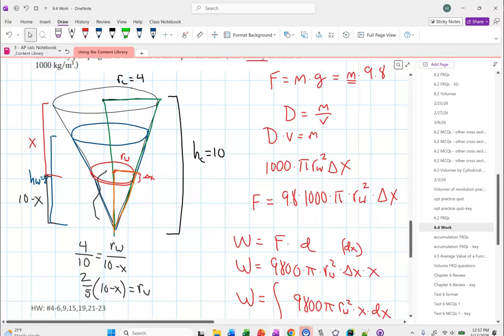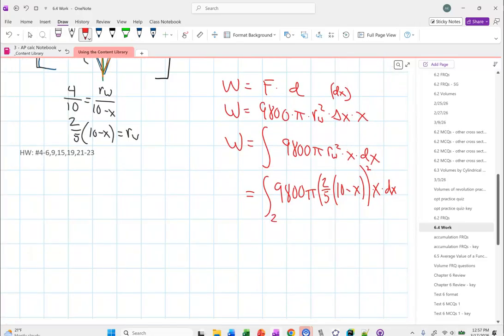What's the shortest distance that we'll have to pump? 2. And then at the very bottom of the cone, the longest distance we'll have to pump is 10. And that ought to do it, as far as the setup goes. Does that feel okay?